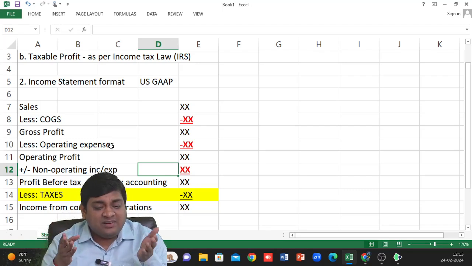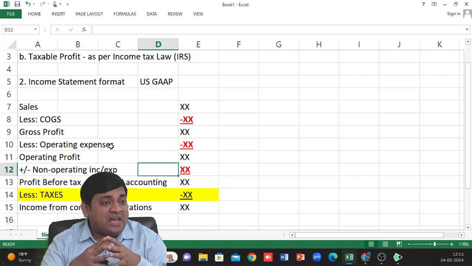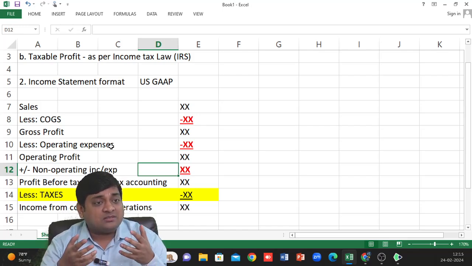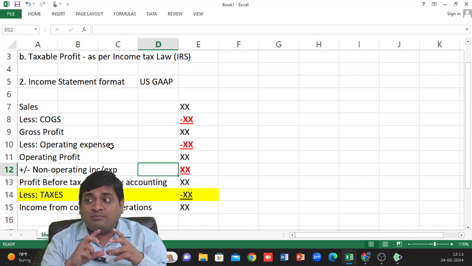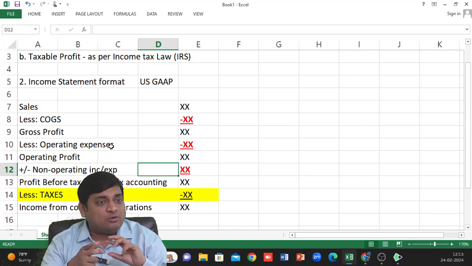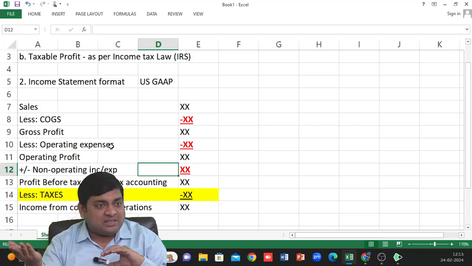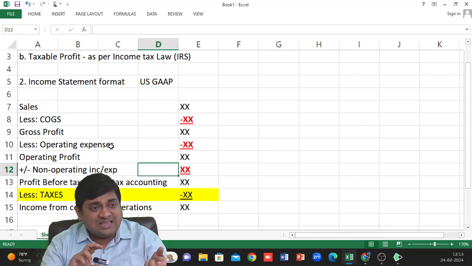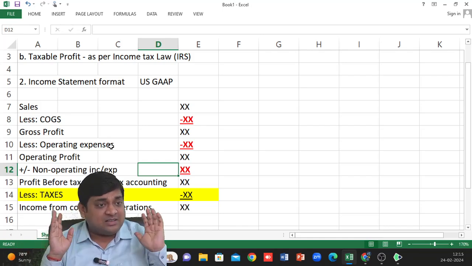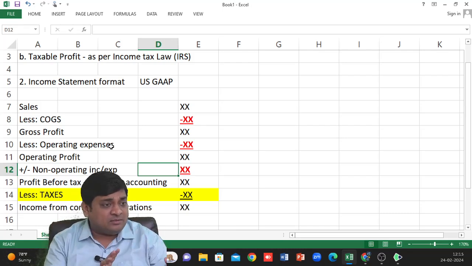So ultimately, we will find that there are some items which are for the time being not considered in income tax calculation, in taxable profit, but later they will be considered. And there are some which will never be considered. Anyway, we will get taxable profit.